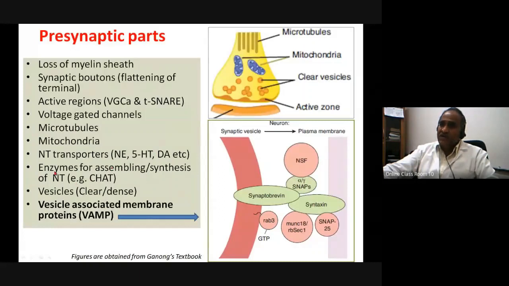And we have the enzyme systems inside to assemble or synthesize the neurotransmitters, which are not shown here. Then we need the vesicles, which are clear and dense, and the vesicle-associated membrane proteins for the release or transport of the neurotransmitters.